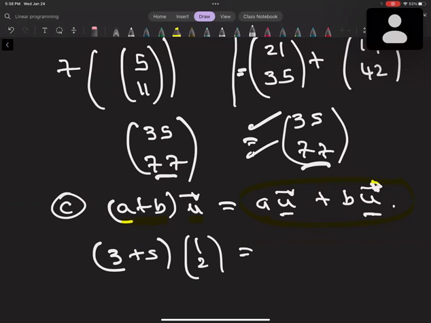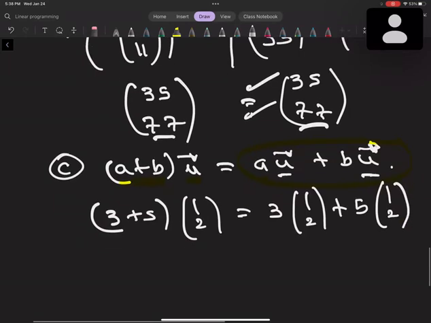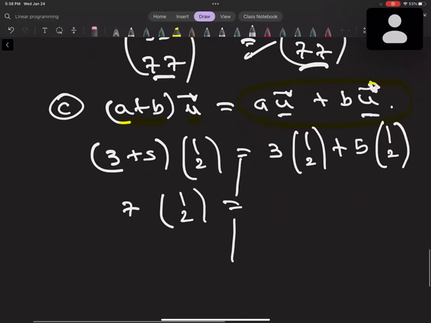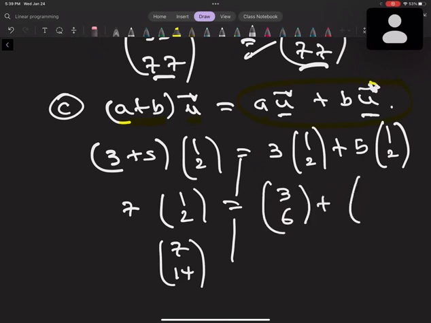And the other is 3 times (1, 2) plus 5 times (1, 2), right? So 3 plus 5, 7. (1, 2), and well, let's finish it. This side: 7 times 1 is 7. 7 times 2 is 14. Here we need to do 3 times 1, 3. 3 times 2 is 6. Plus 5, 10. And then 6.